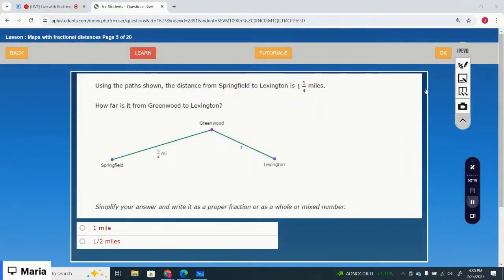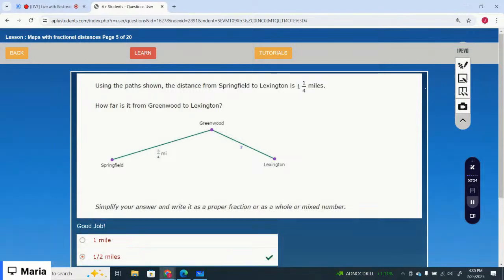One by 2 it is. Option number 2 is the correct option.